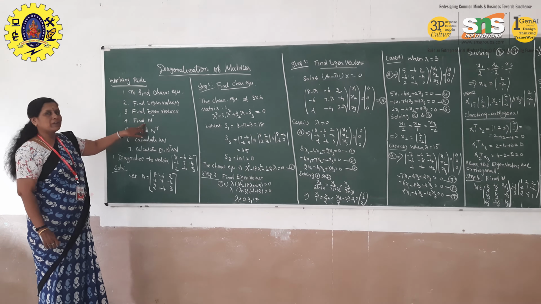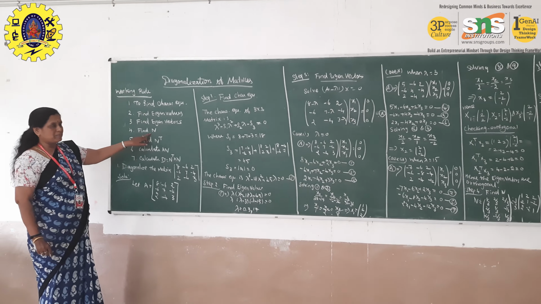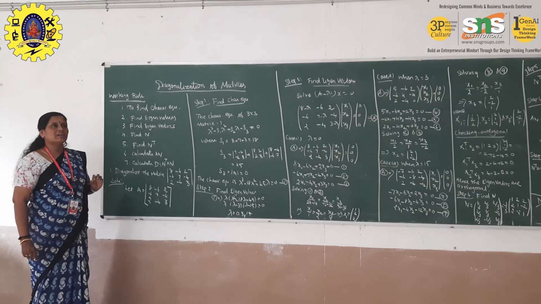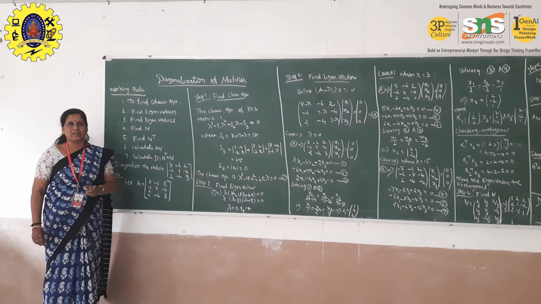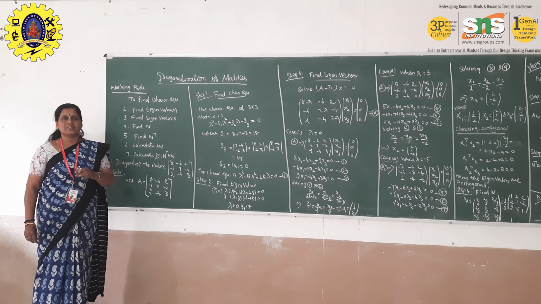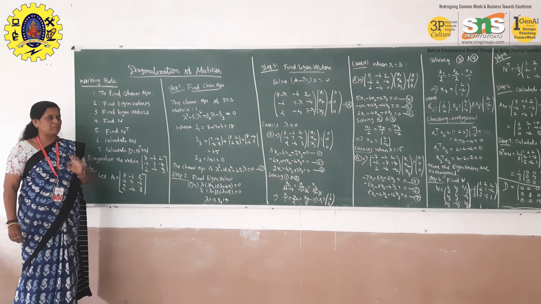Next, the corresponding normalized matrix N. N is nothing but the normalized matrix here, because we are going to find the diagonalization for symmetric matrices. In symmetric matrices, we need to find the modal matrix as a normalized matrix.